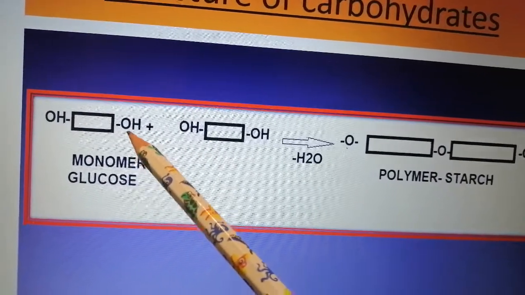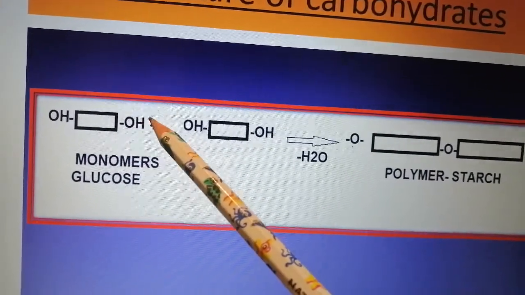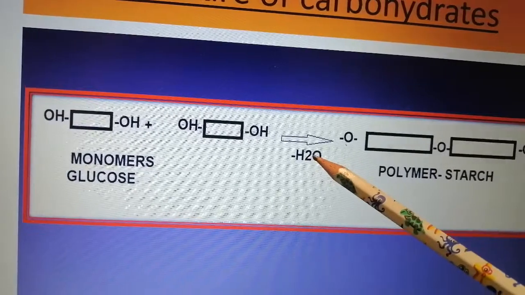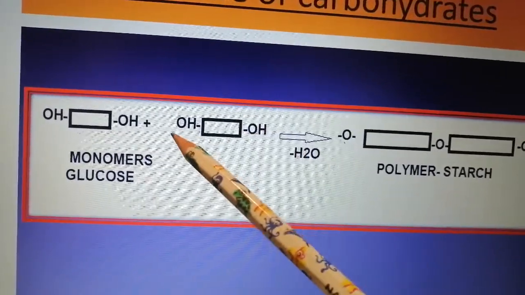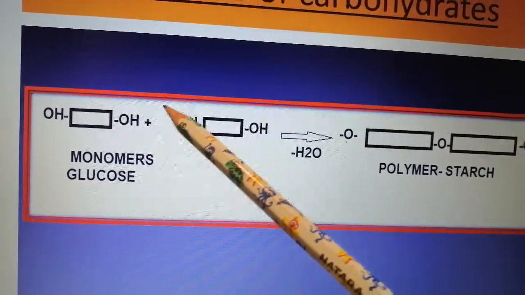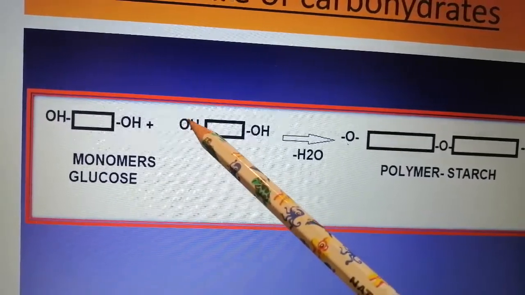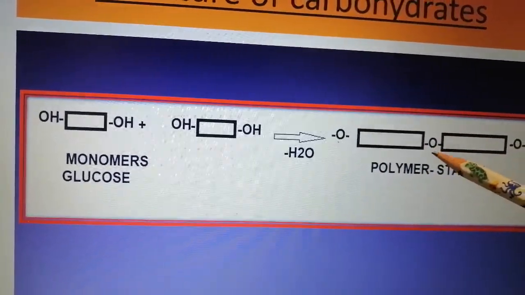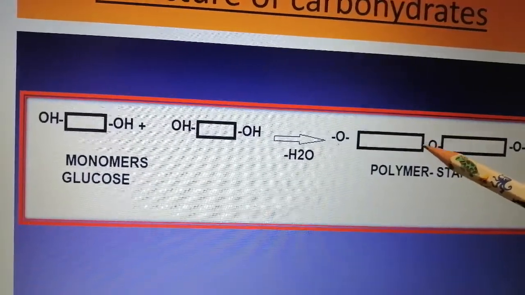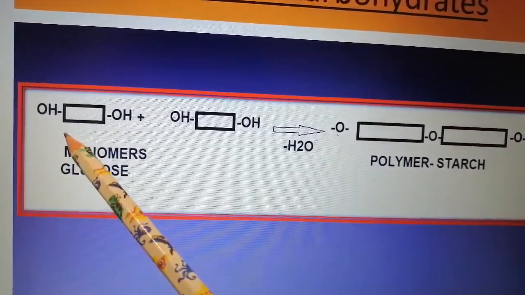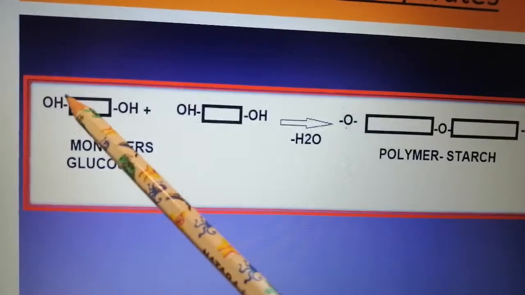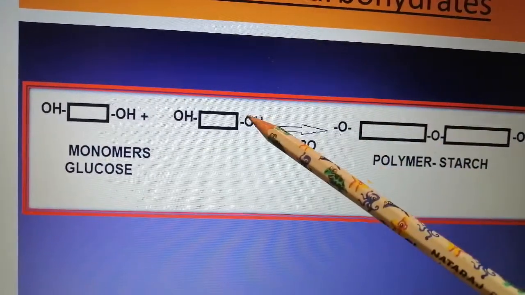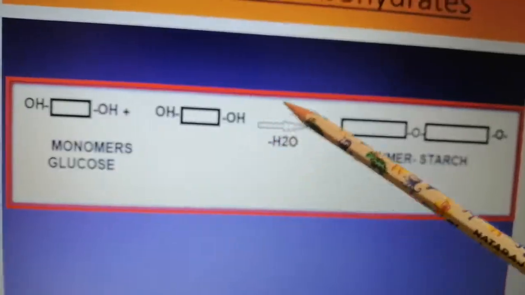This is the same as we studied with the diols. So what happens? We are going to remove water. I wrote here minus H2O. That means when these two join, you remove OH from here and one H from here. So we remove that, and see here in the middle you get O. On this side, you have to think that this H is going with some other molecule, and here this H is going with some other molecule.